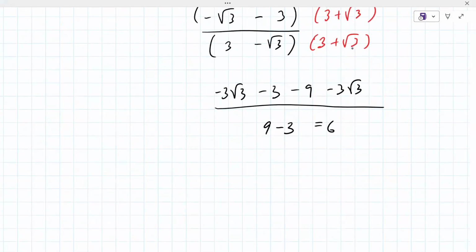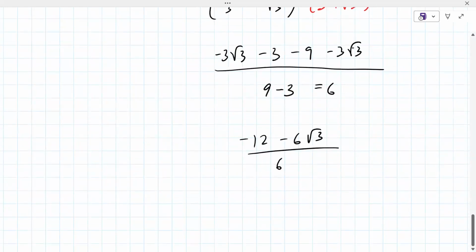So it becomes minus 12 minus 6 square root of 3 over 6. Then you divide each of those by 6 to get minus 2 minus square root of 3. That actually does look correct, having seen a lot of these over the years.